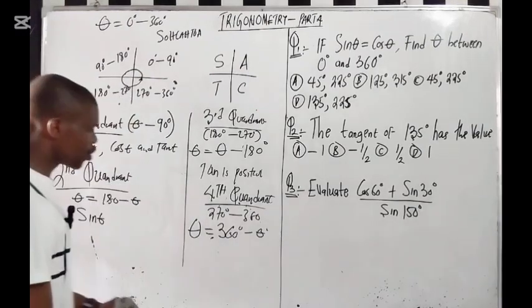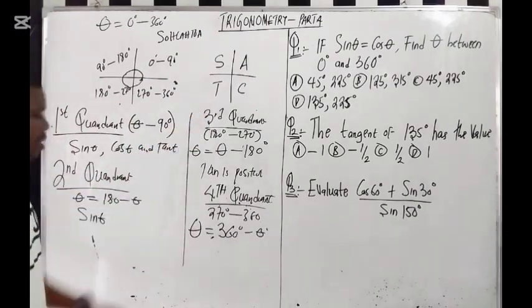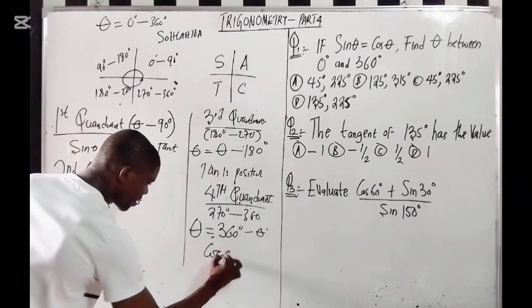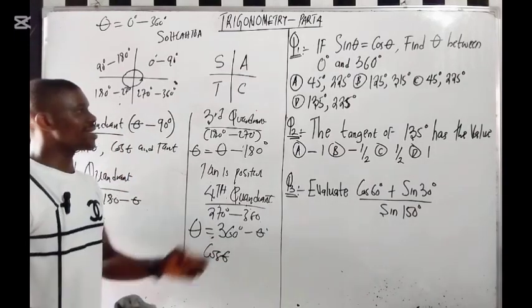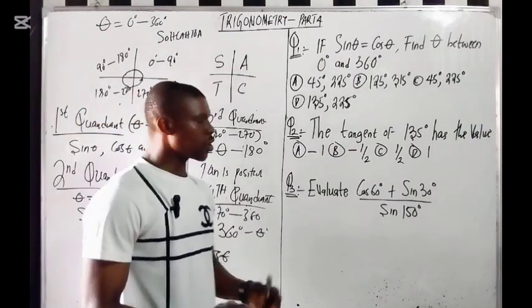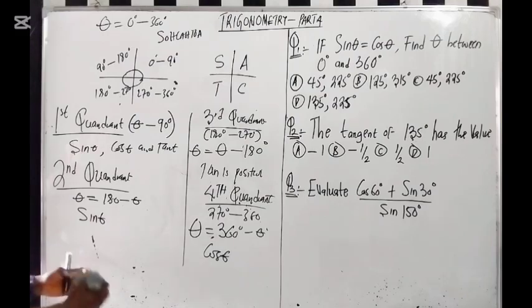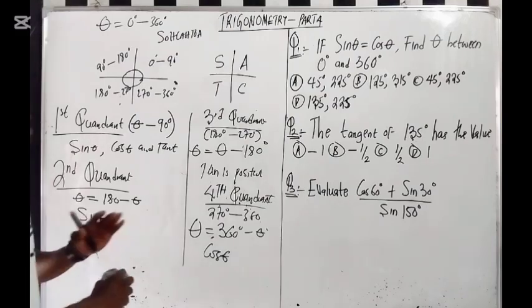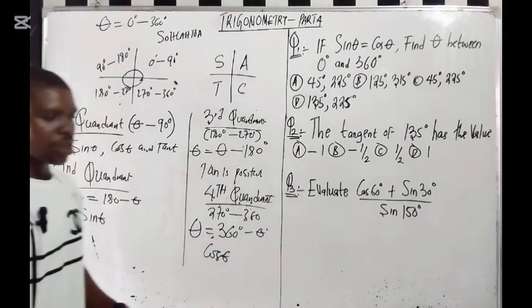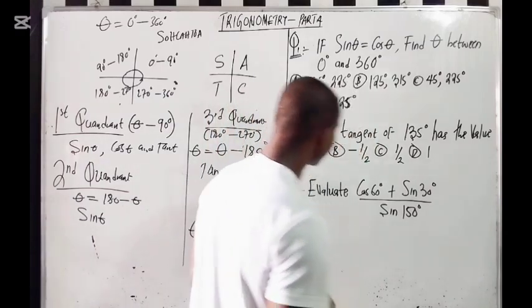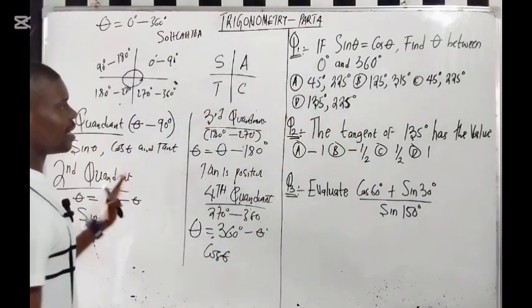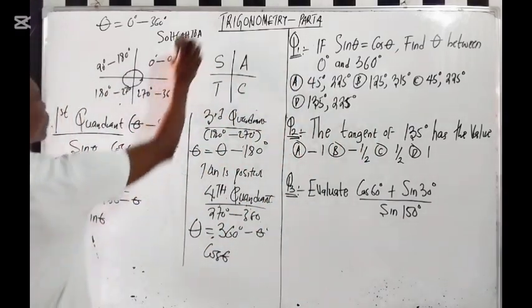Hope you understand. So only cos theta is positive. These are things you need to pay close attention to when you are solving questions with angles between 0 and 360. With this understanding, let's start solving those questions.